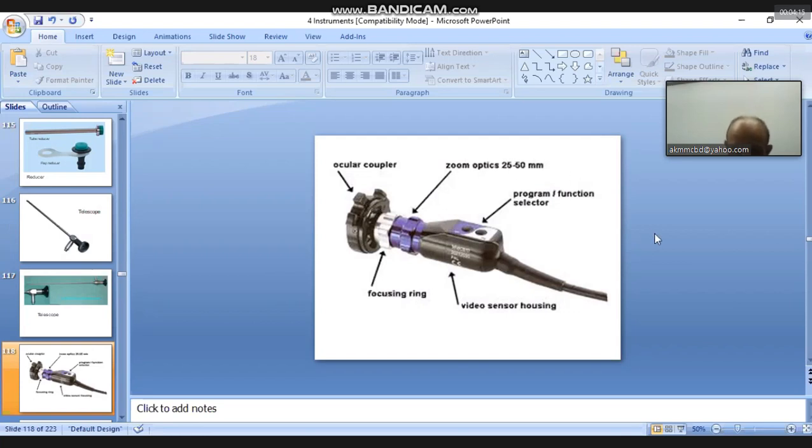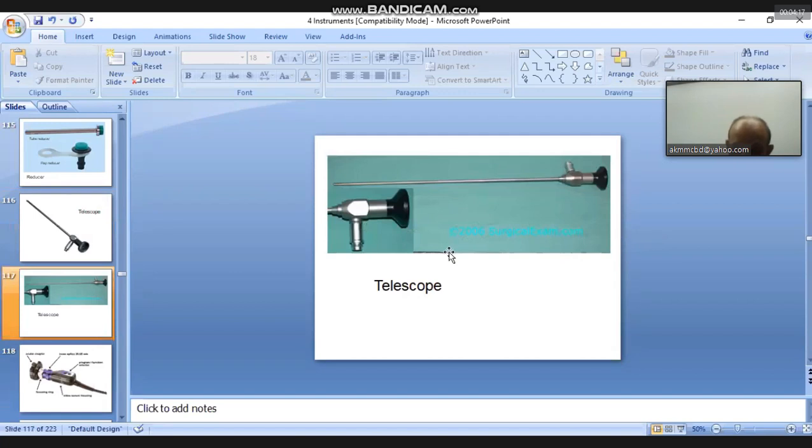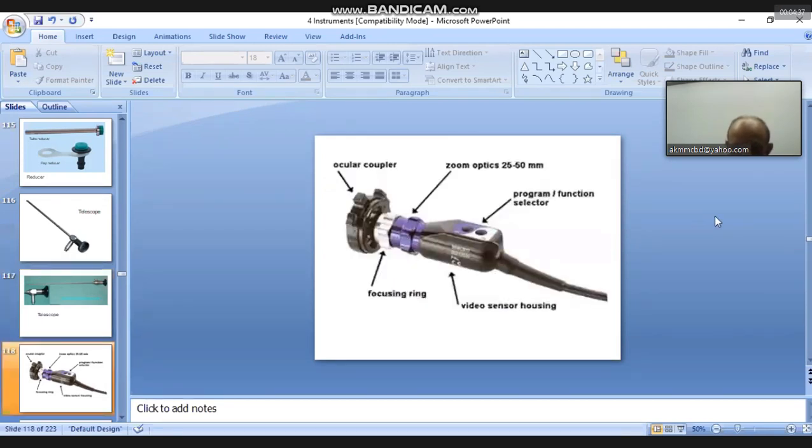We fixed this part with that part of the camera, and through which we can see the inside of the laparoscope. And this side channel is for introduction of light. And this is camera.